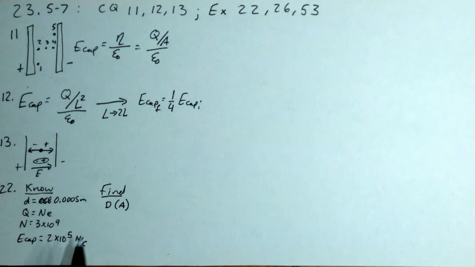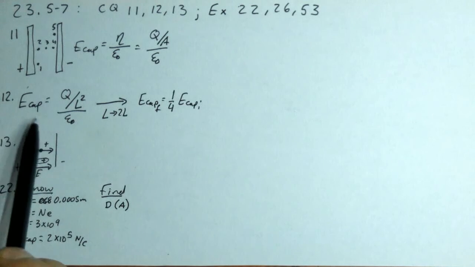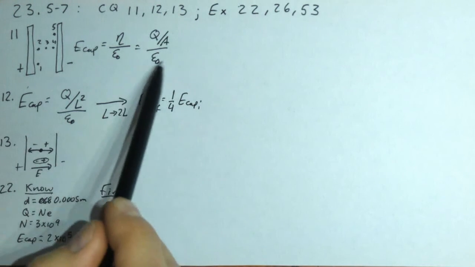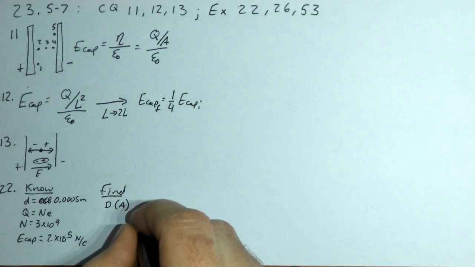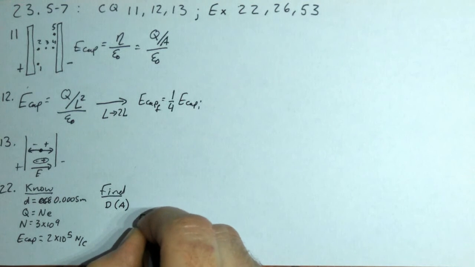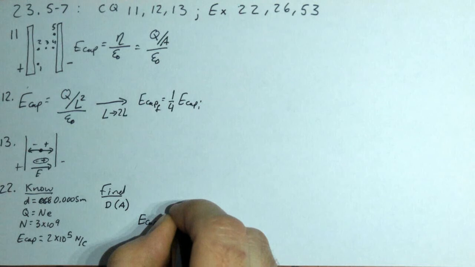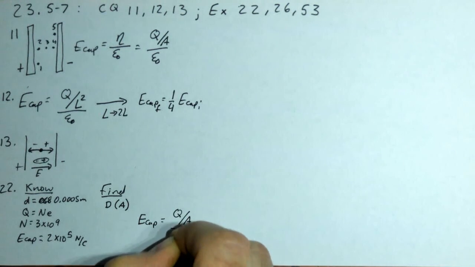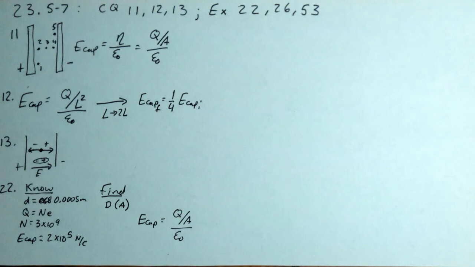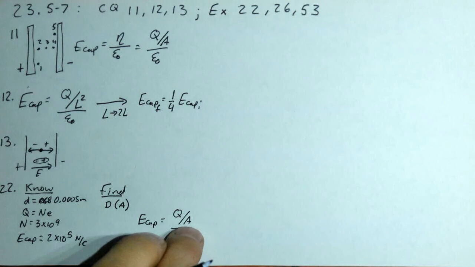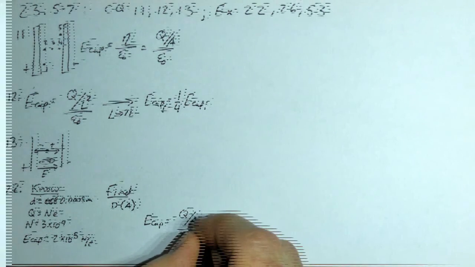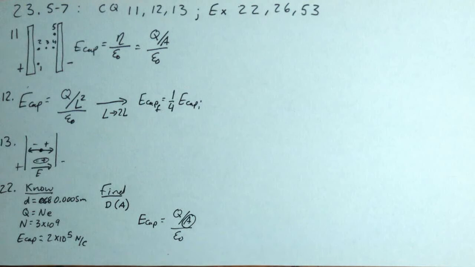Okay, as a next little hint, if you still need a little bit of hint, we can go back up to this right here, or better yet up to this one. We can say that the electric field of the capacitor is equal to the total charge over the area divided by this constant. And we are truly just trying to find that area and then be able to find the diameter. Okay, so go ahead and now solve this for the area.